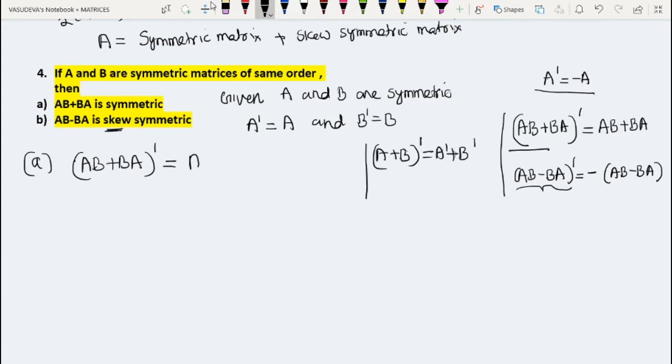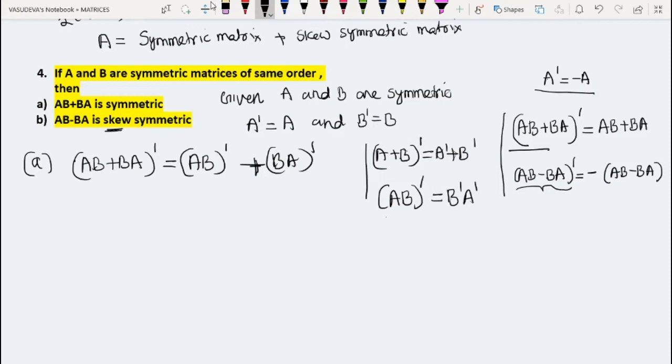So we can write AB whole dash plus BA whole dash. Again by the properties of transpose, AB whole dash is equal to B dash into A dash, which we have shown in the earlier videos.